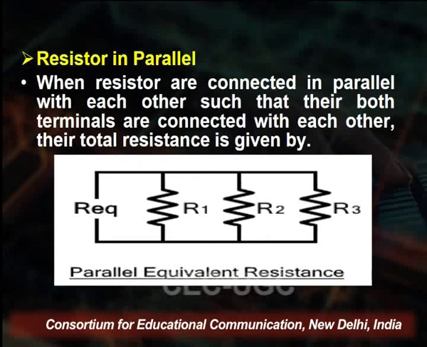When resistors are connected in parallel, with both terminals connected to each other, their total resistance is given by 1/R = 1/R1 + 1/R2 + 1/R3. These are the parallel resistances. If the resistors are in series, the current remains the same. When the resistors are in parallel, the voltage remains the same.